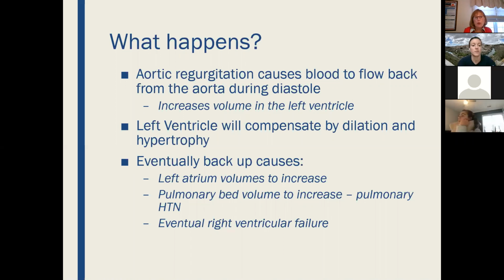So you have an LVH, a left ventricular hypertrophy, and it gets dilated, but it's thick, really thick. Eventually, the left atrium backs up, the pulmonary bed backs up. You have to know the unidirectional flow of blood so when it's interfered with, you know where it's going to back up to. Eventually, you can end up with a chronic right-sided heart failure. We see less of that. We control it a little better now.